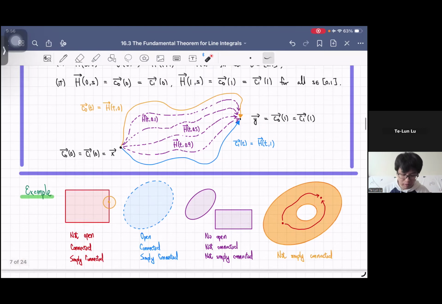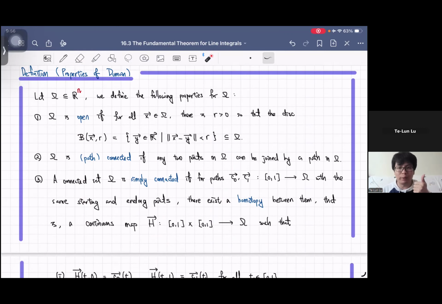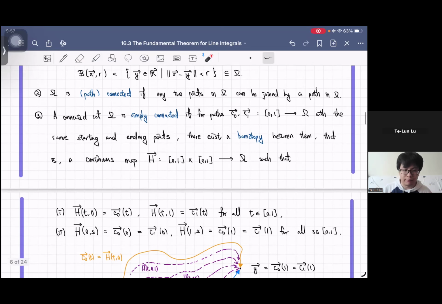Okay. So let us go back to what we have defined now. We have defined three different properties. One is openness, one is connectivity, and one is simple connectivity. So open means that the set does not contain its boundary. Basically, there's no boundary. And being connected means that you can join any two points with a path inside the set itself.